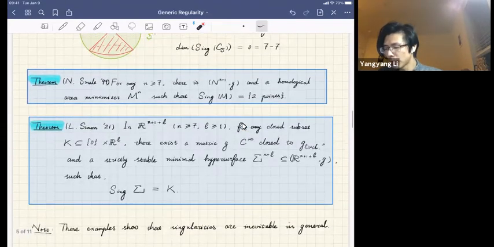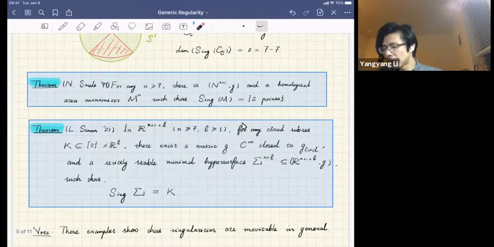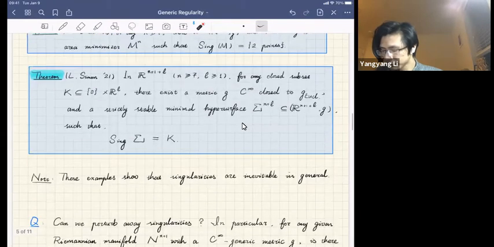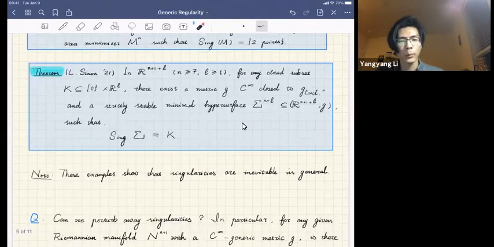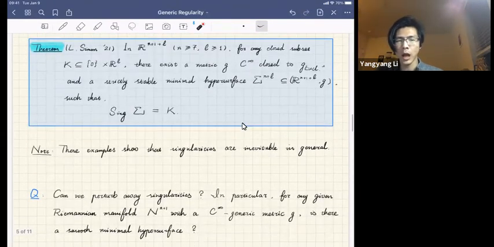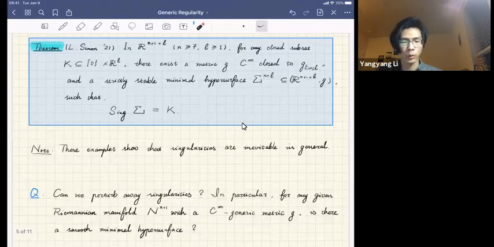So these examples show that singularities are inevitable in general. One can even prescribe the singularities as complicated as one could imagine. So maybe the optimal thing that one can expect is that you can put away singularities generically.